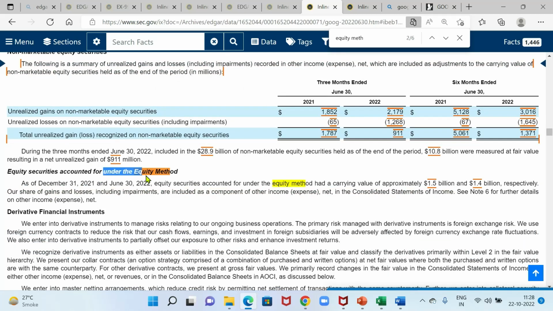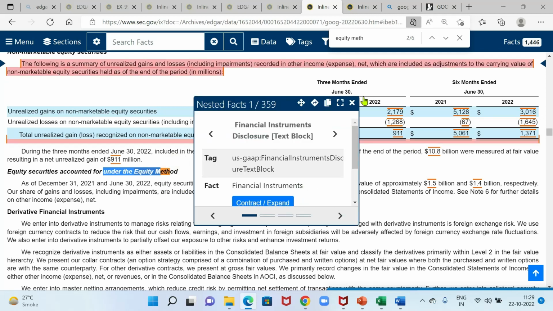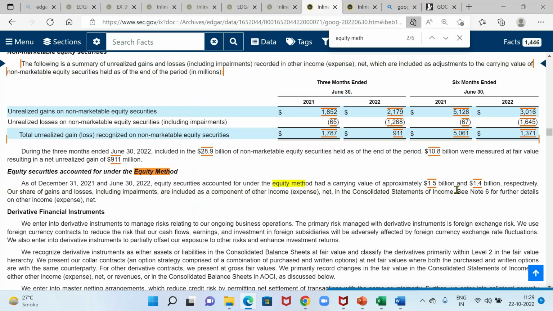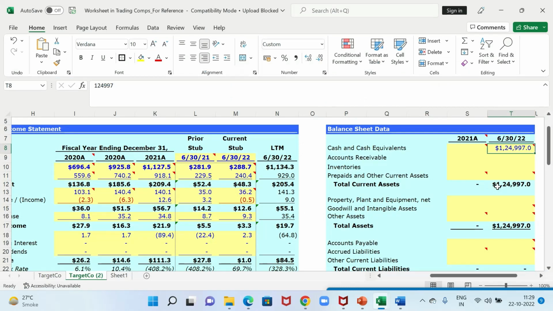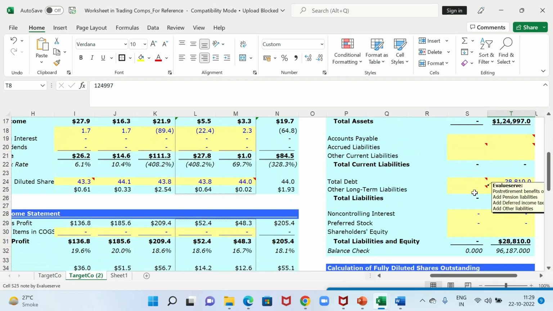Equity security accounted under equity method had a carrying value of 1.5 billion as of December and 1.4 billion as of June. तो ये क्या है मेरा इक्विटी एसोसिएट्स. रिमेंबर ईवी के लिए, डू वी रिमेंबर दैट?